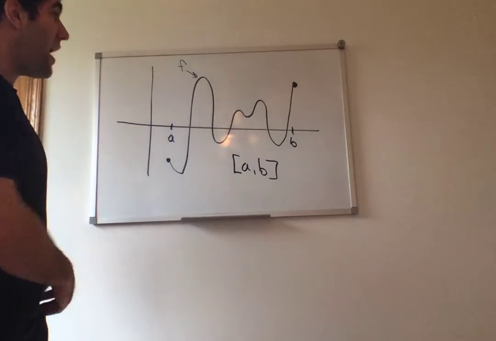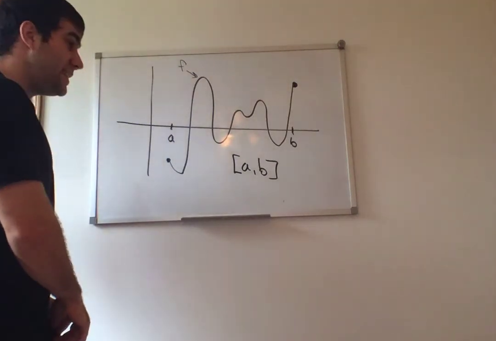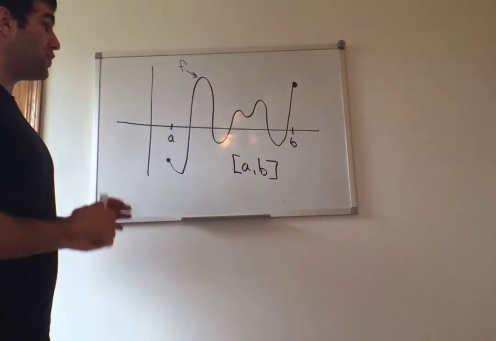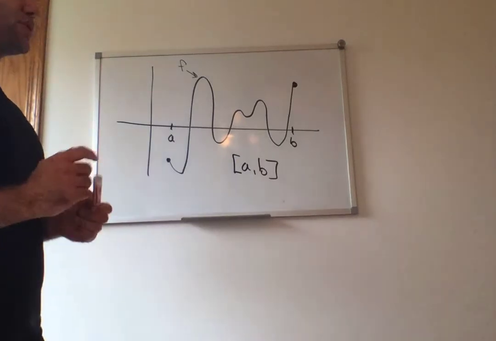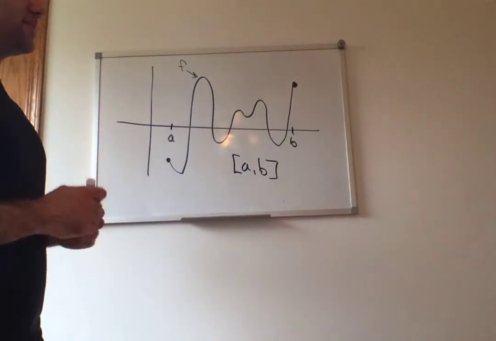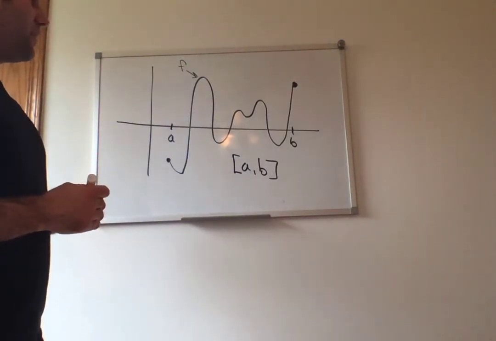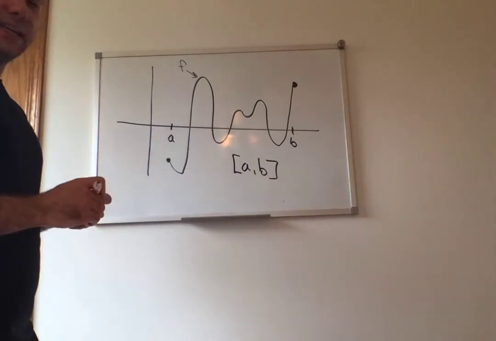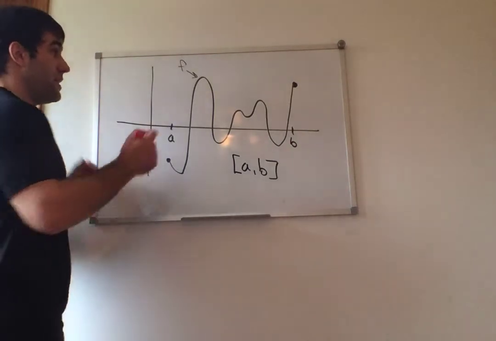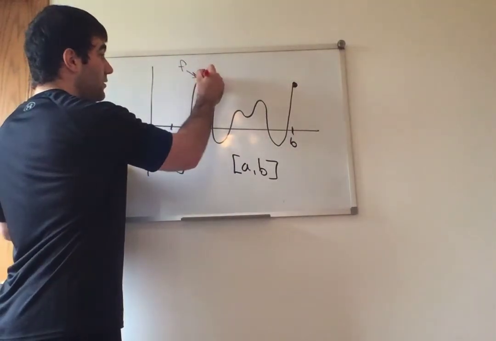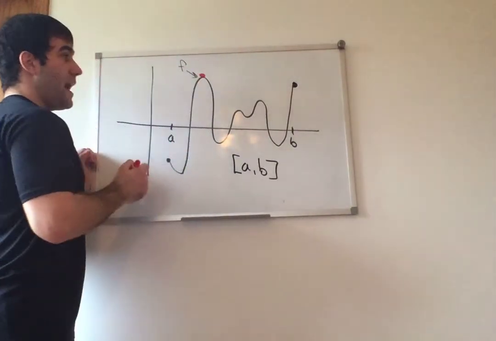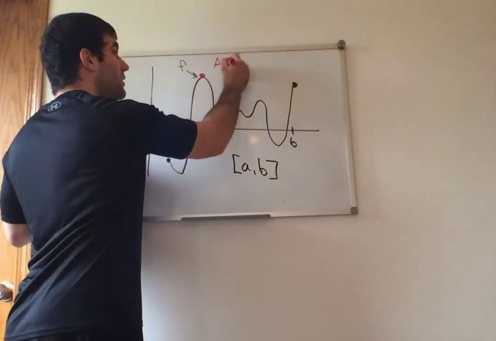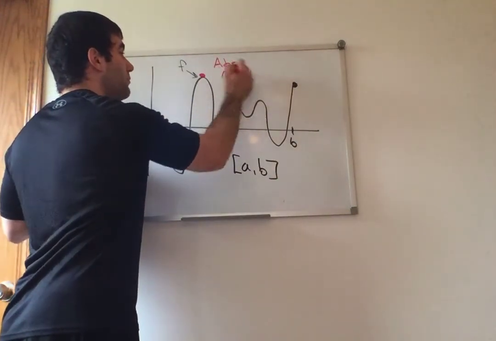The Extreme Value Theorem guarantees that there is an absolute minimum and there is an absolute maximum value on this graph. Now, you could try this for any kind of graphs you want to draw. It is a true statement. If I look here, that right there would be the absolute maximum.